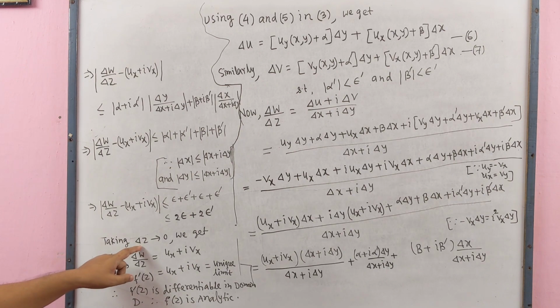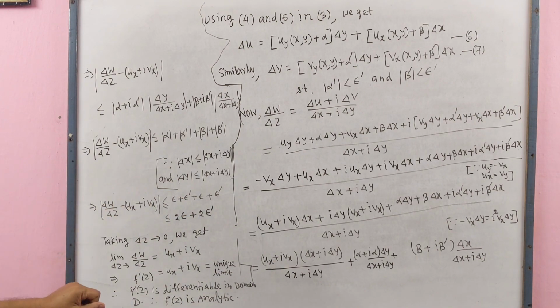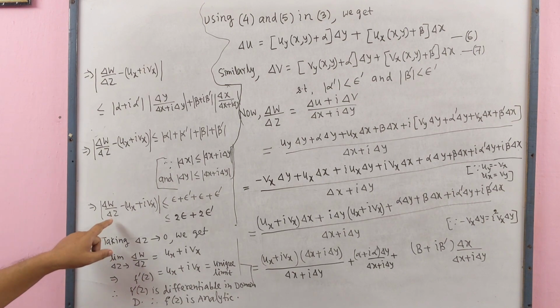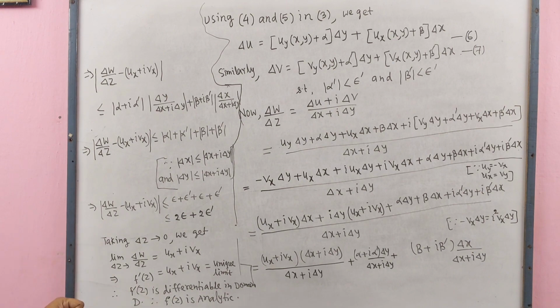Taking delta z tends to 0, we get this is less than a very small quantity. So we get the limit as delta z tends to 0 of delta w by delta z equal to ux plus i vx, according to the limiting case we have seen earlier. So this is equal to f'(z) equal to ux plus i vx.